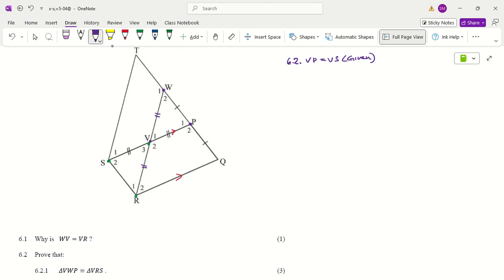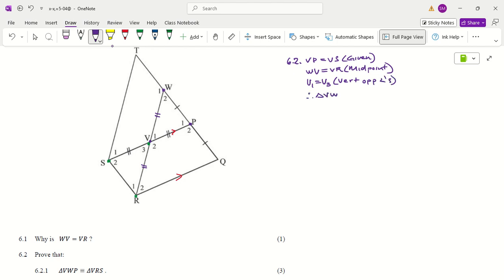We have established that WV is equal to VR from the midpoint theorem. And also we can say that V1 is equal to V3, and these are vertically opposite angles.